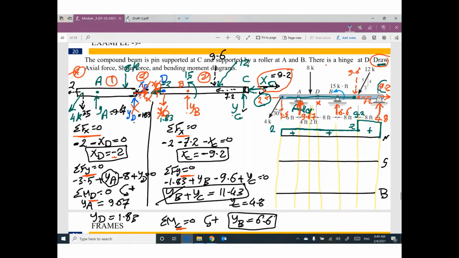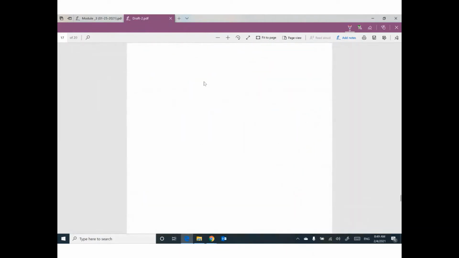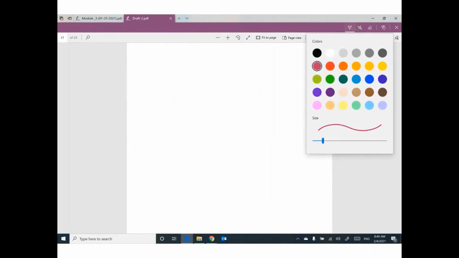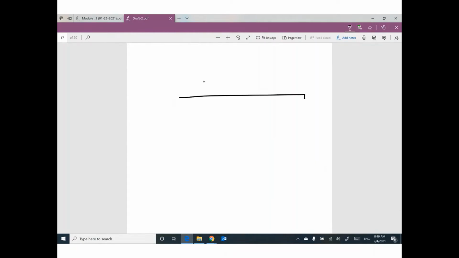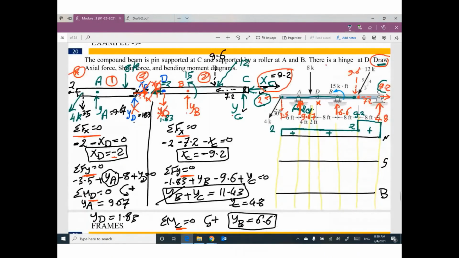So guys, the idea is here. We have a beam. At this location, we have 2. At this location, we have 7.2. At this location, we have 9.2. That makes sense? Yes.